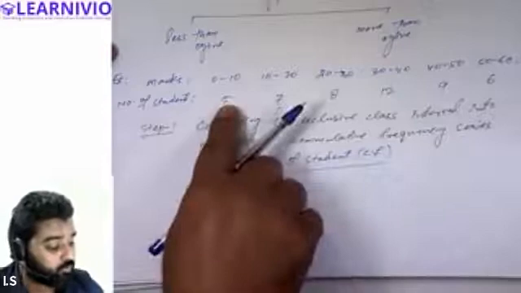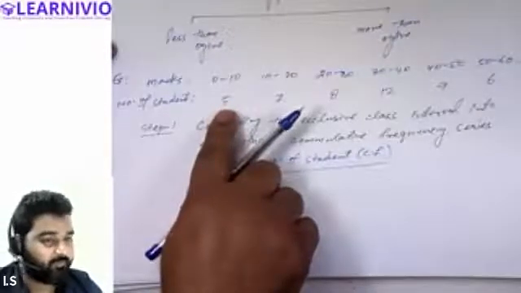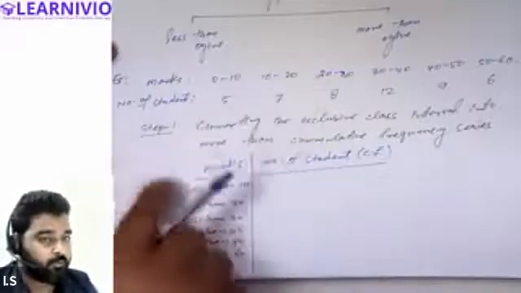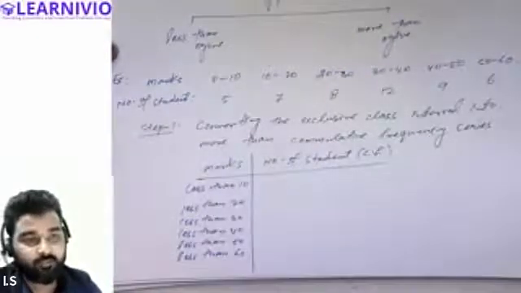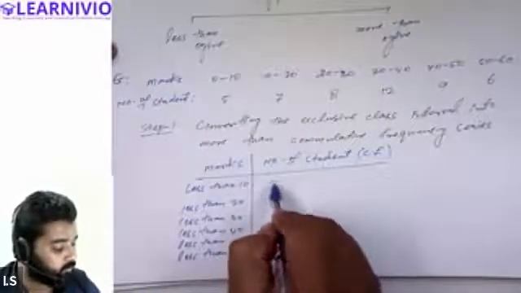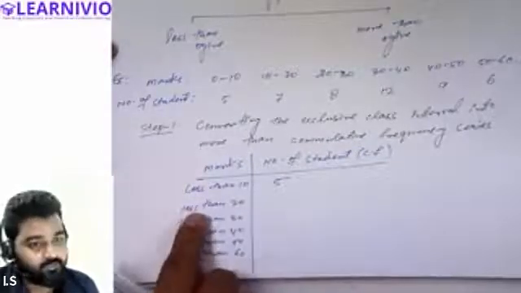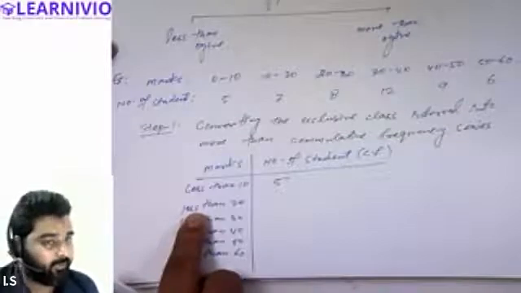Students who have scored less than 10 marks, how many students are there? There are 5 students who have scored between 0 to 10. That means the students who have scored less than 10 marks are 5 students, right? Now for the next class, we need students who have scored less than 20.